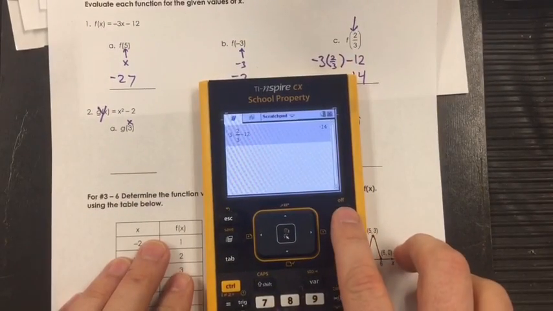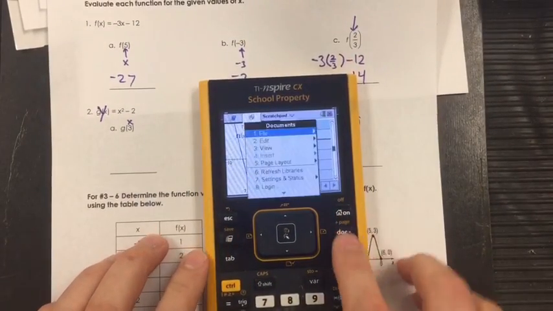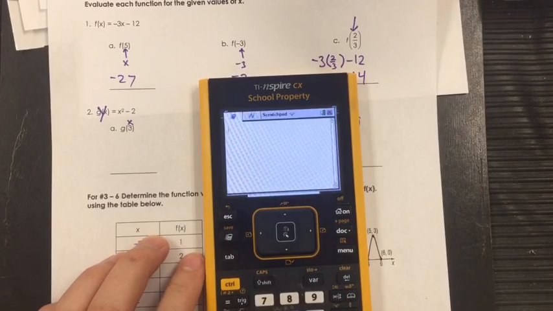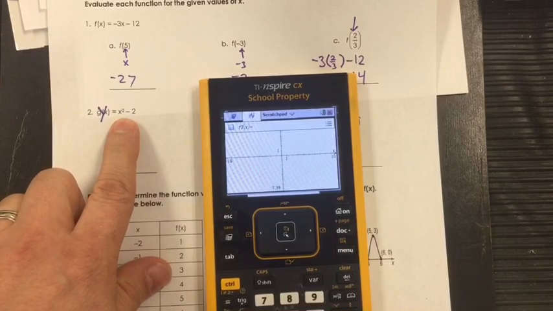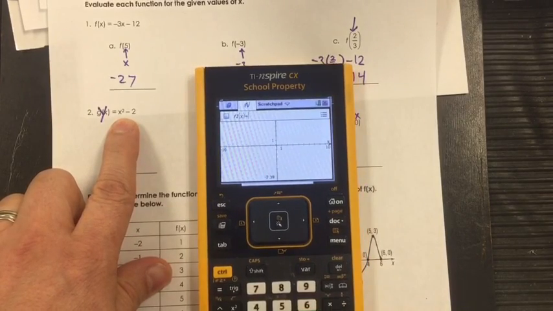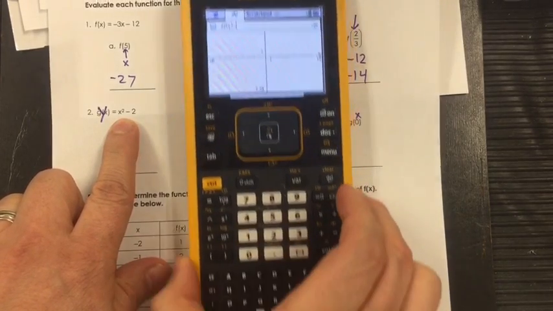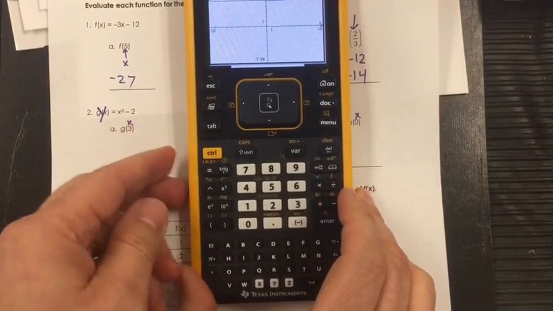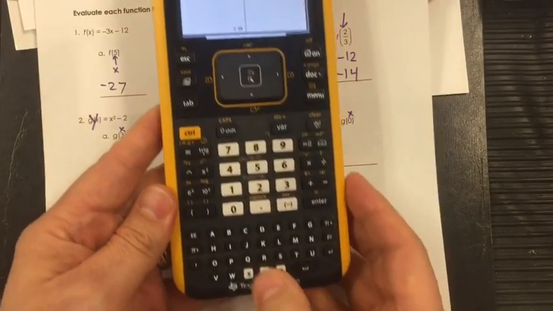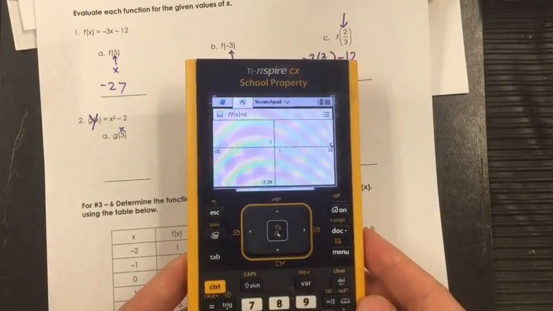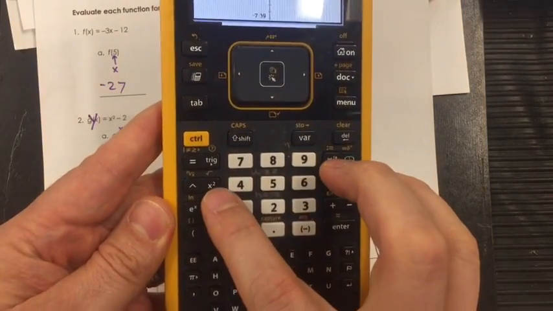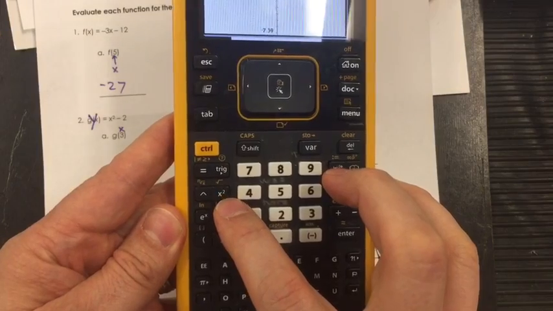So I'm going to go ahead and go to my graph. I need to clear out the old one. Go back to the graph. I'm going to put in x squared minus 2. How do I put in x squared? You could do a couple of different ways. We have to put in x using the bottom one, and then the squared button is right here, kind of close to the equal sign.